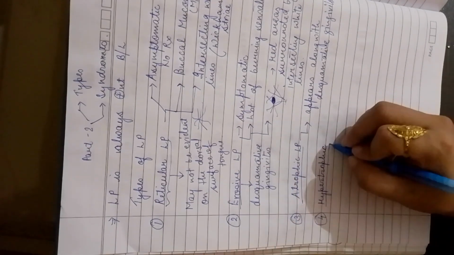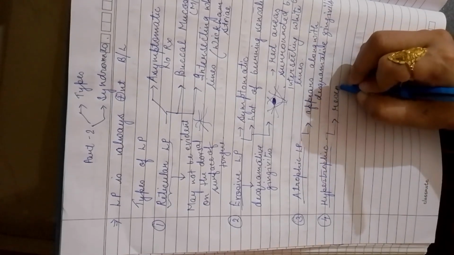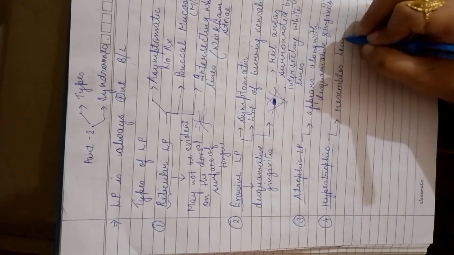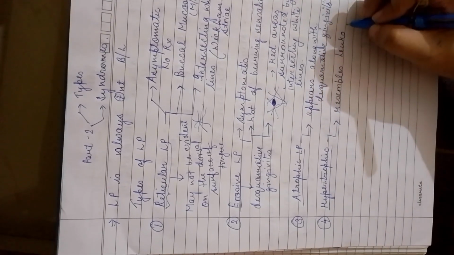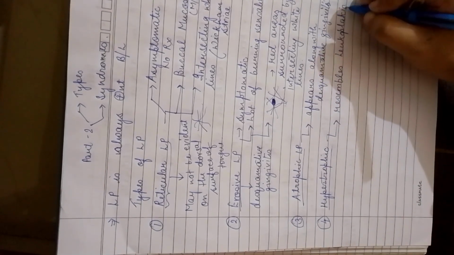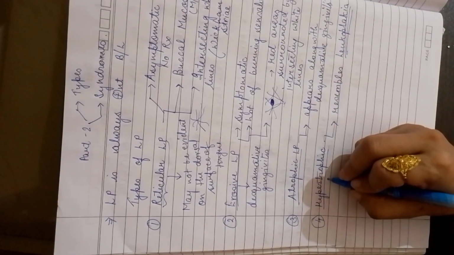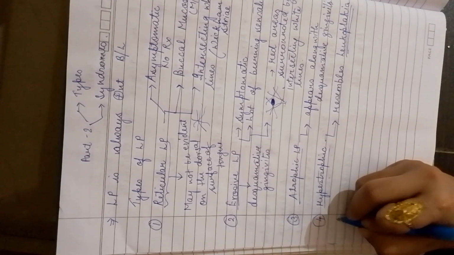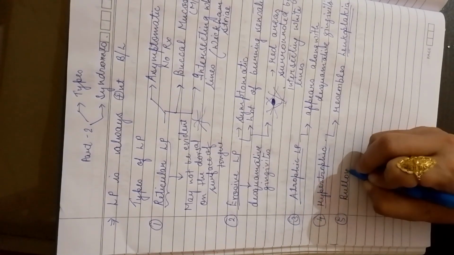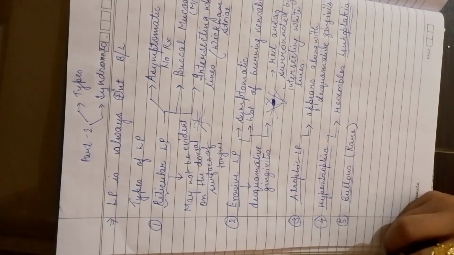This hypertrophic type often resembles leukoplakia. So if someone asks what is the differential diagnosis of lichen planus, do not jump and say that leukoplakia will be the differential diagnosis. Leukoplakia will only be the differential diagnosis of the hypertrophic type of lichen planus. Fifth one is the bullous type of lichen planus. It is a very rare type of lichen planus.